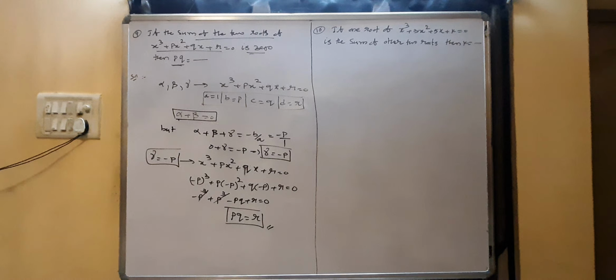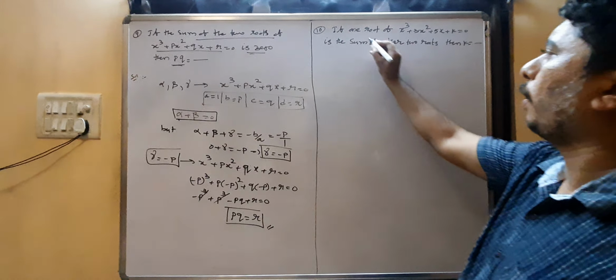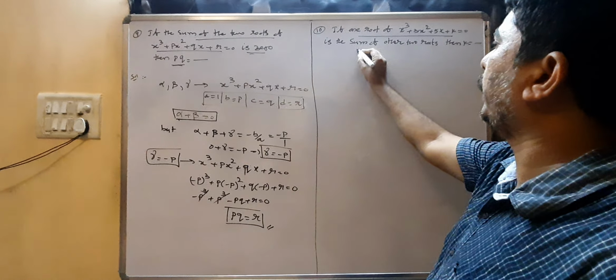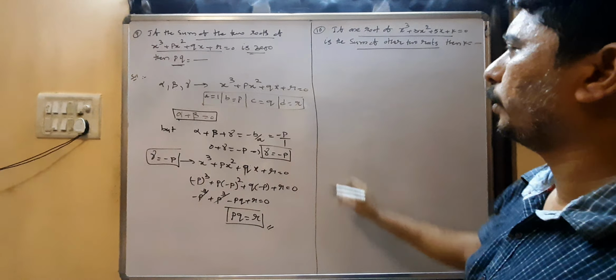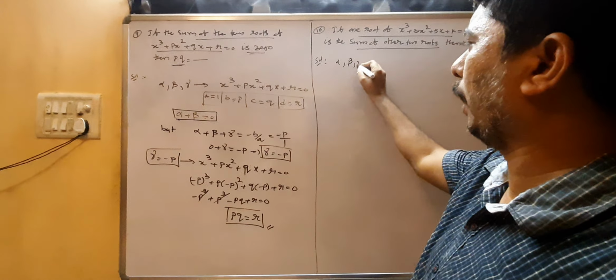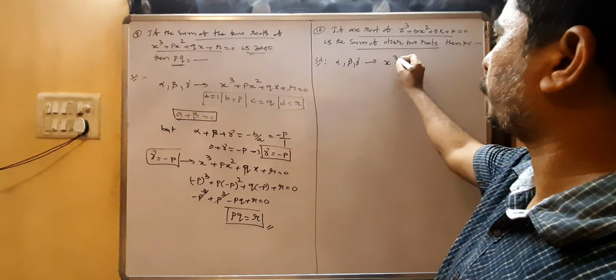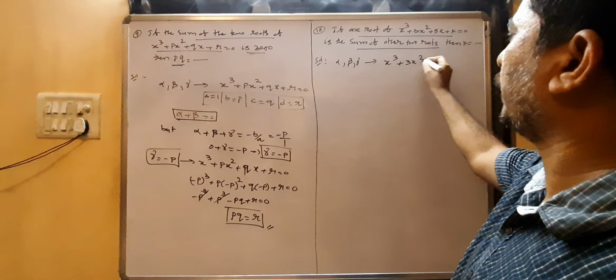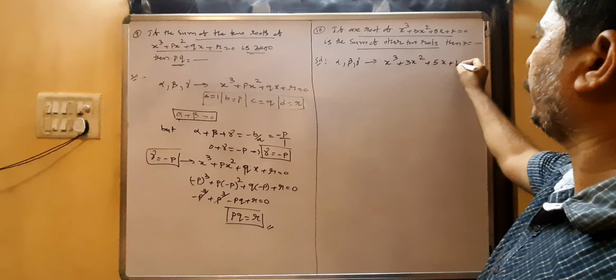Coming to the next question. If one root of the cubic equation is the sum of the other two roots, I will take the cubic equation where alpha, beta, gamma are the roots of x cube plus 3x square plus 5x plus k equal to 0.